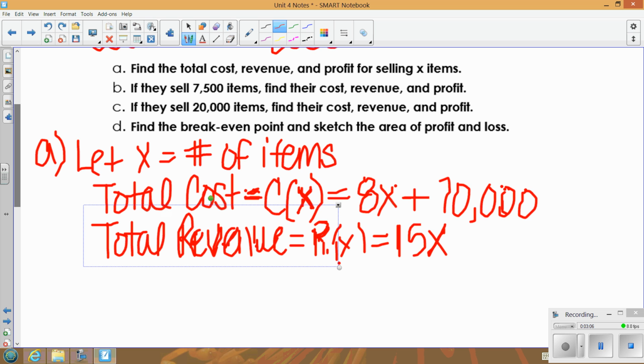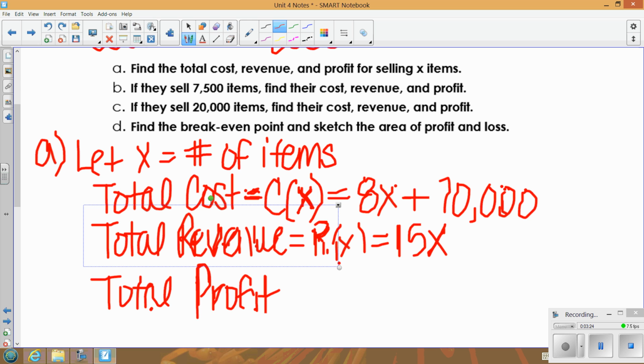But if you want to know your total profit, so how much money you actually made, you have to subtract off how much money you spent to produce these items. So the total profit, let's call it P for profit, is going to be however much money you made minus however much money you spent to produce these items.